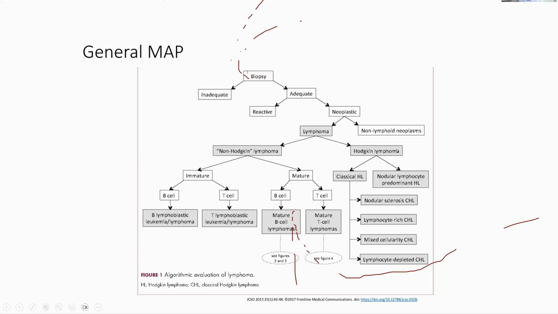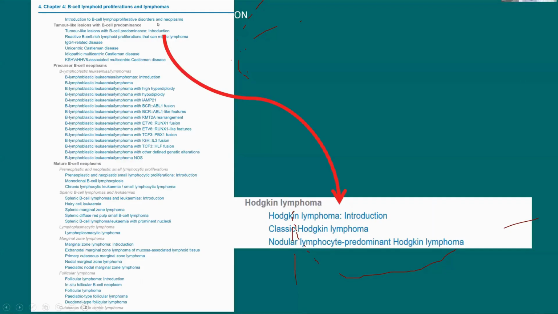That's what we will be talking about here: classical Hodgkin lymphoma, or nodular lymphocyte predominant Hodgkin lymphoma. As I mentioned before, I based my talk on the WHO, and that's under B-cell neoplasm. There is a chapter called Hodgkin lymphoma that includes classic Hodgkin lymphoma and nodular lymphocyte predominant Hodgkin lymphoma.